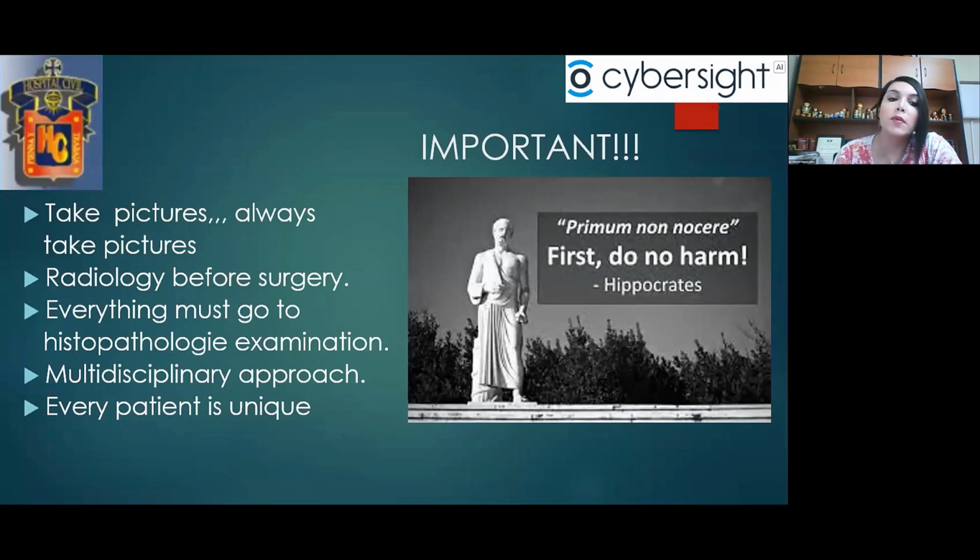And remember that every patient is unique. Most tumors could look similar, and you can say, oh, it's easy, it's the same approach. It's not a cooking recipe.